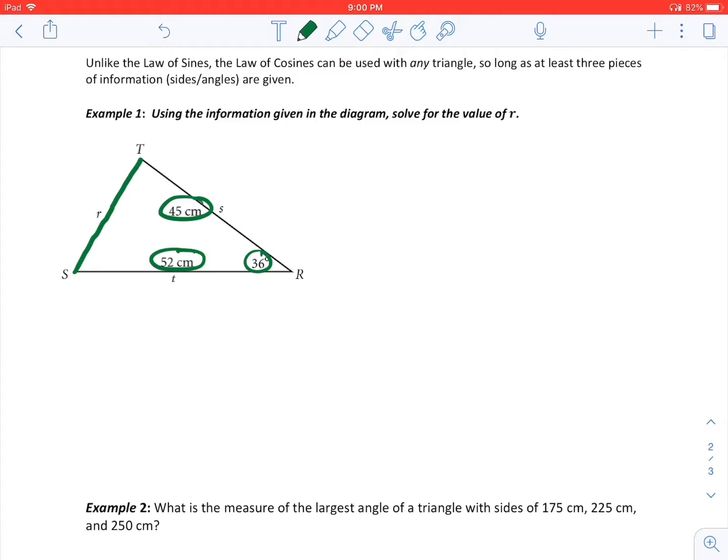What the law of cosines might say is, well, if I'm given this angle here, perhaps it's conducive to use the form of the law of cosines that would correspond to the opposite side that I'm solving for, that r squared is equal to 45 squared plus 52 squared minus 2 times 45 times 52 times the cosine of 36.